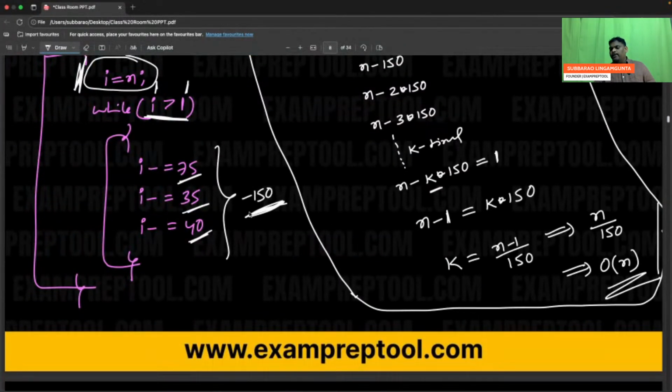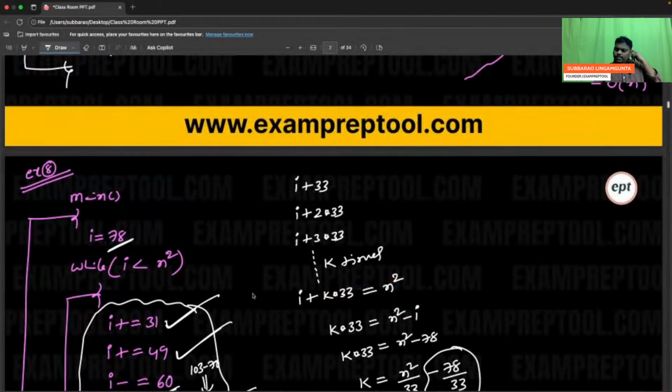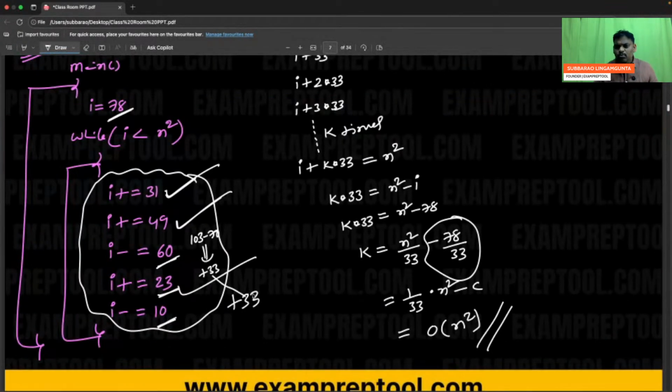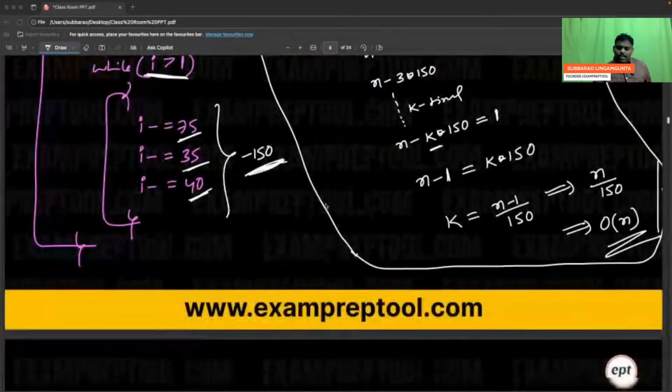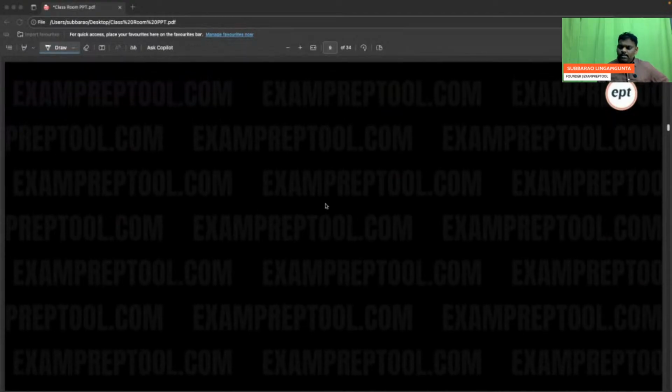So remember, overall 150 decrementing gives n by 150, and overall 150 incrementing gives n by 150. Addition and subtraction are both similar. Let's try one more problem. I'm expecting answers. Let's check.